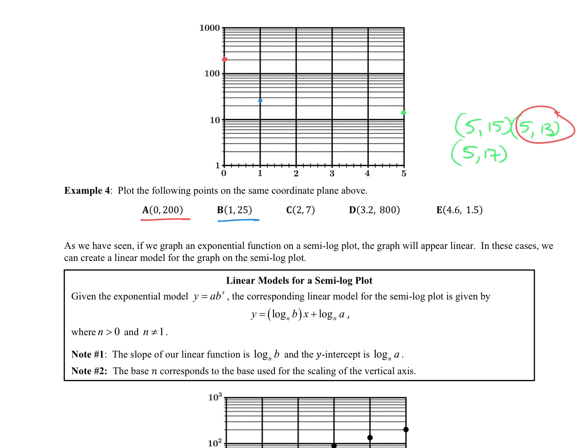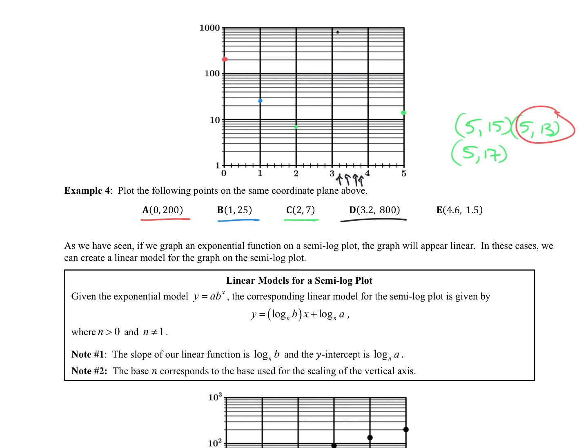All right, so on 2-7, 2-7's kind of nice because it's right on one of them. What are we at? 9, 8, 7, right there. And then 3.2, 800. What are these spacings? They're by 0.2. So 3.2 is that first spacing, and then all the way up at 800.